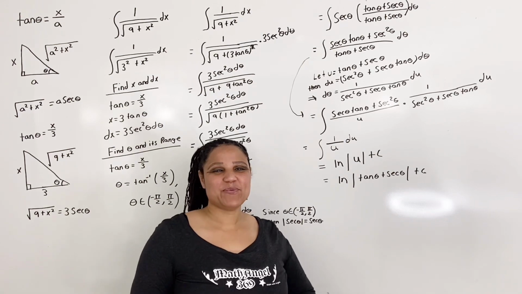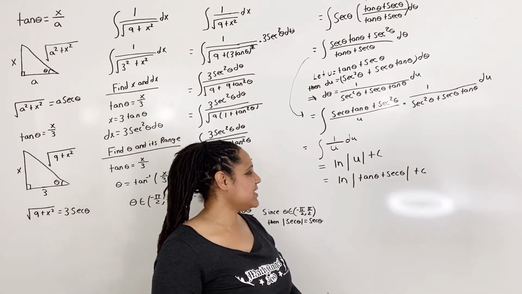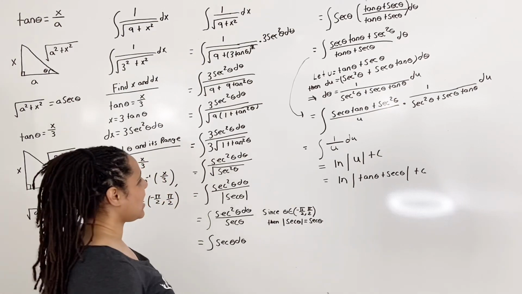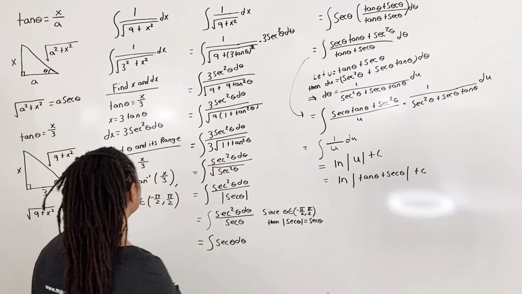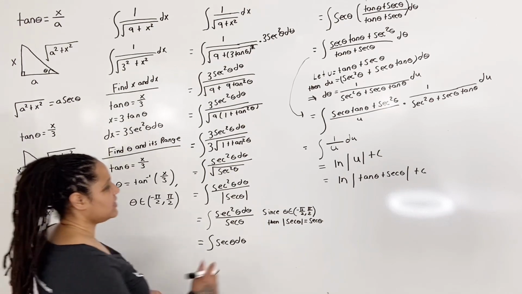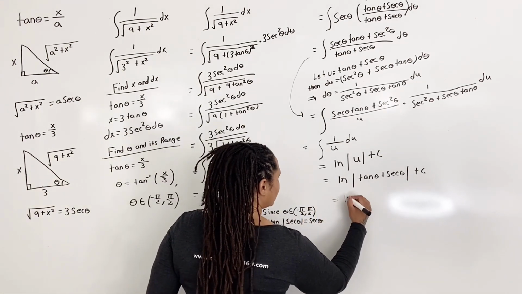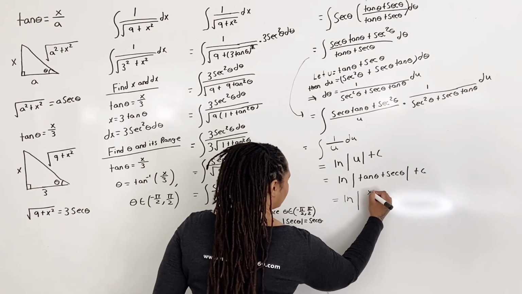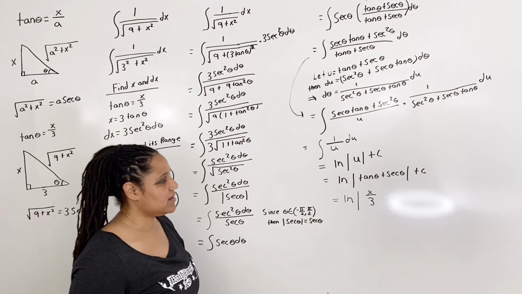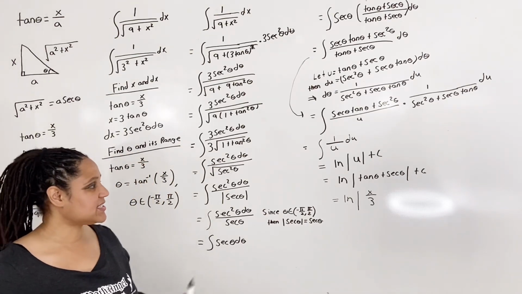And last, we want to rewrite our answer in terms of x and not theta. So I need to rewrite tan theta as x over 3. So this is equal to ln of the absolute value of x over 3, and I want to write secant theta in terms of x as well.